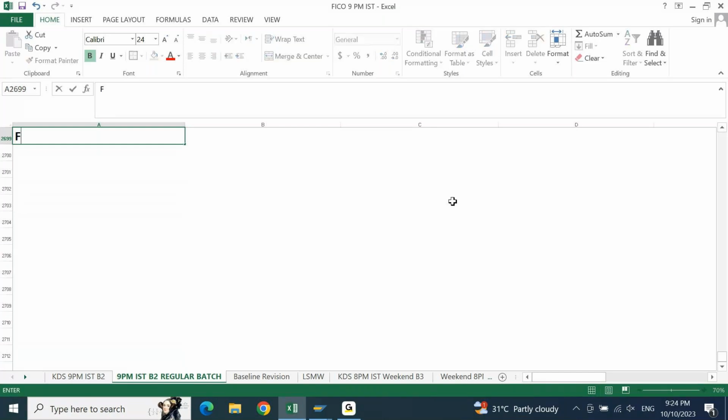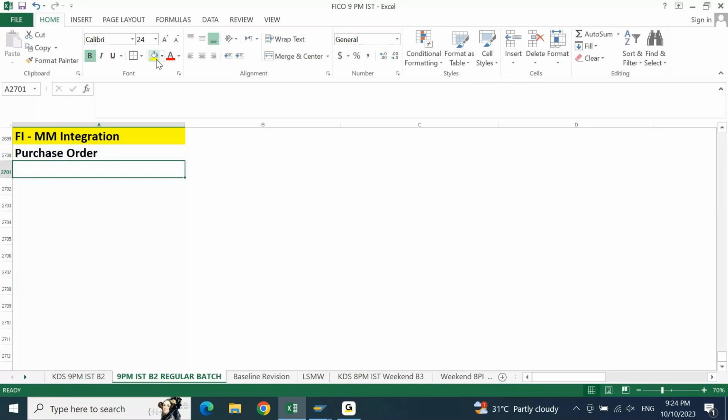Now, if I give you a simple example, let's say, I'm only writing the points, we will elaborate everything with examples. I'll put FI/MM integration. When you talk about FI/MM integration, we need to understand purchase order.